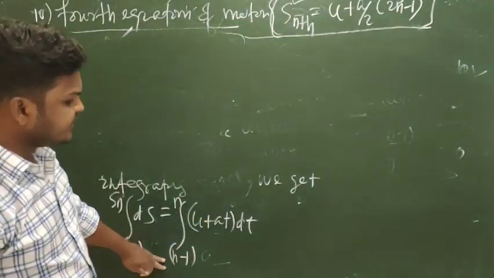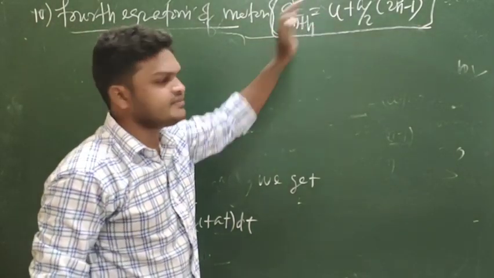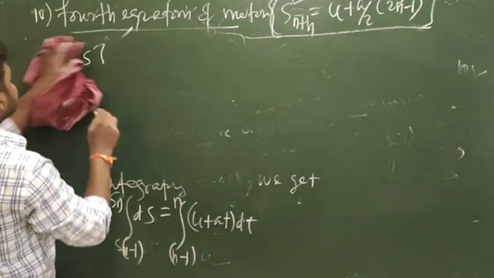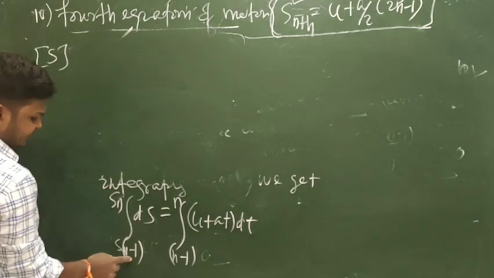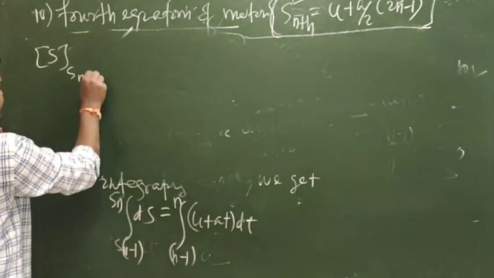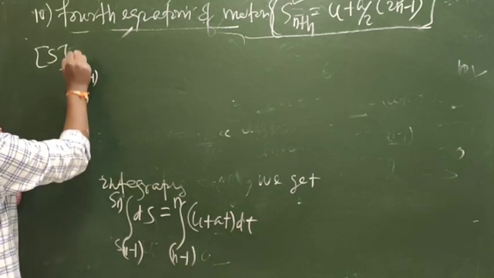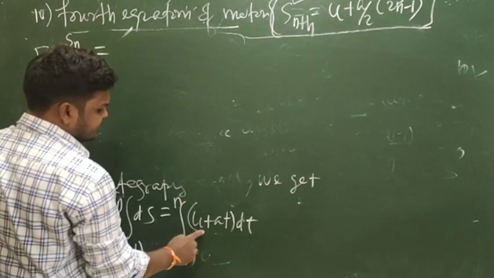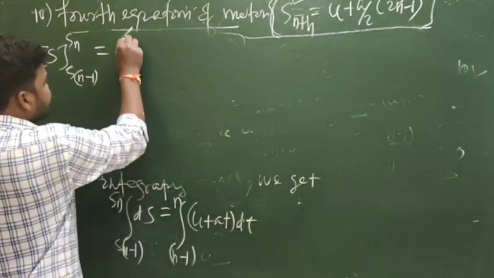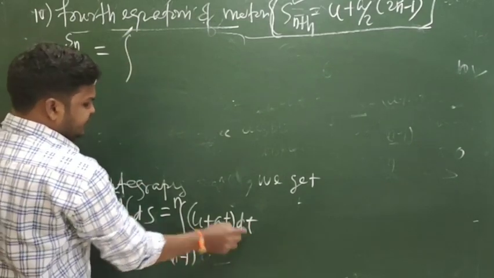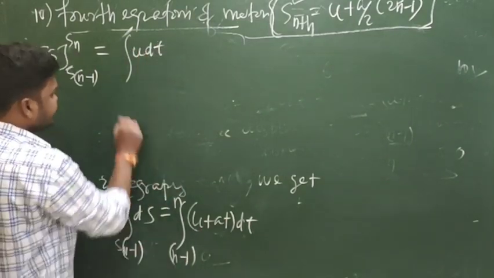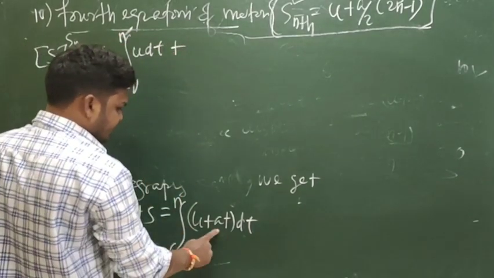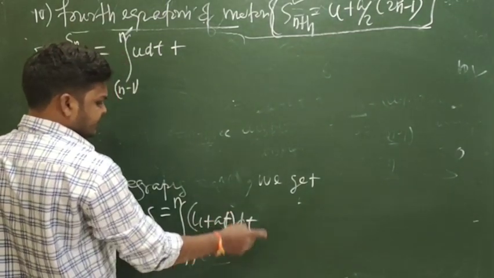If you solve this value, then you reach this final value or derive this final value. So solve this value: integration of ds is s. The limit is s_(n-1) for initial distance, s_n is equal to, in this case there are two functions, so integration for two functions is for u dt, limit will be n minus 1 second to n second, then plus at dt.